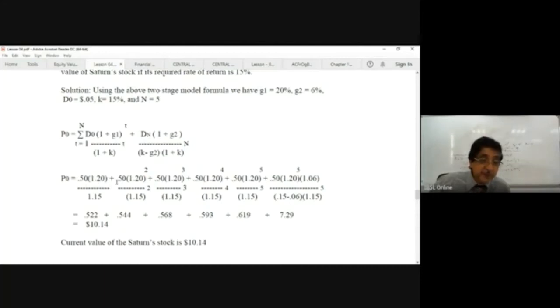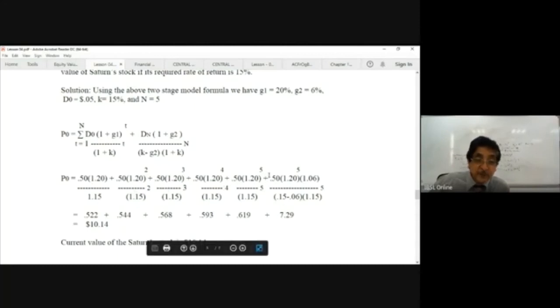This is the second term, 0.5 times 1.2 to the power 2 divided by 1.15 to the power 2. Likewise, it goes up to 5. What we have done here is gone through all the dividend cash flows in the coming 5 years and calculated the present values of all those cash flows.